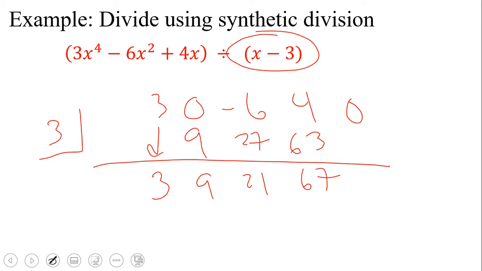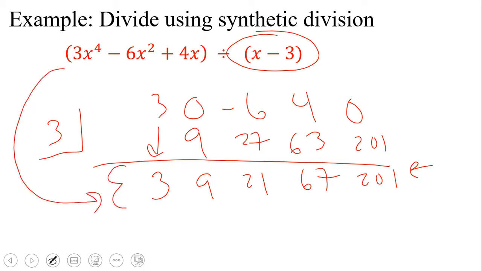So 3 times 67, that is 201. Add. So what we can see here based on the remainder is that x minus 3 does not divide evenly into this polynomial. Again, whilst it's nicer if it did, it doesn't mean anything, or at least it's fine that it doesn't. Your quotient is found here, and you always start 1 degree less.